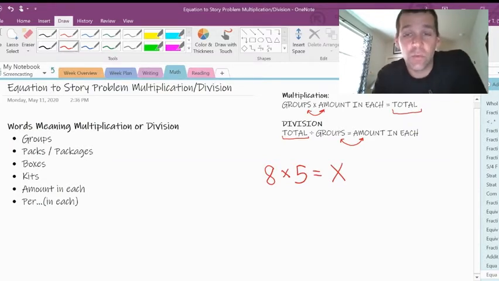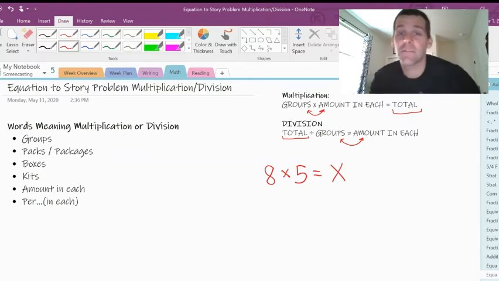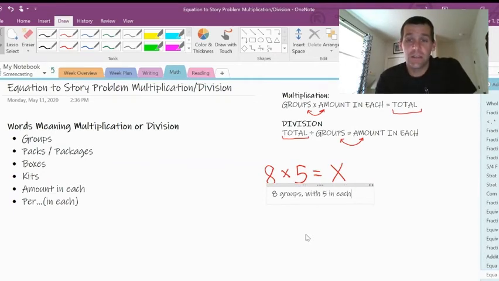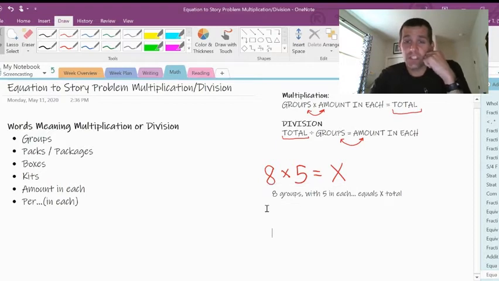If you felt like you wanted to put a question mark here, that's fine, but we're going to start transitioning to using a letter to stand for that question mark. So here I've got 8 times 5. What that reads as underneath here is 8 groups with 5 in each equals x total. So that's going to help me quite a bit as I move forward thinking about what my question could be.